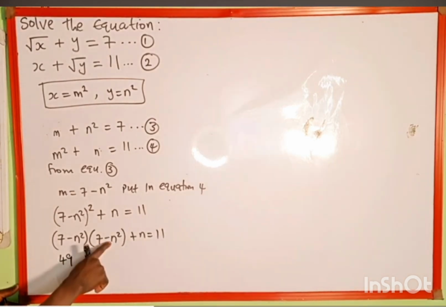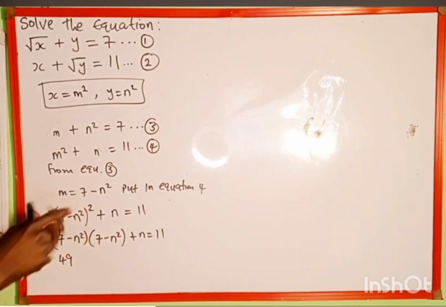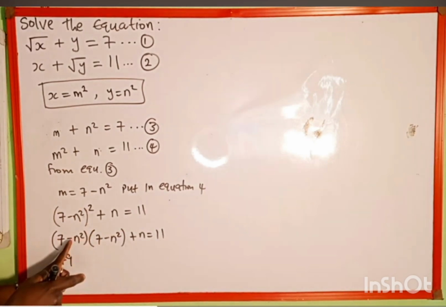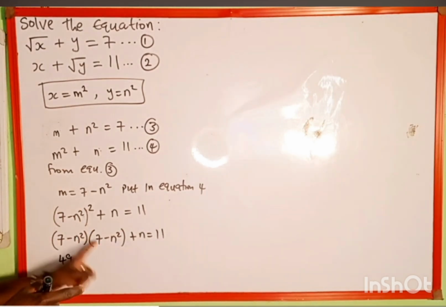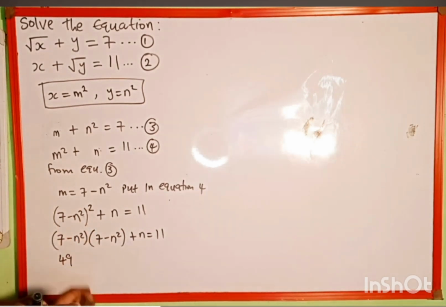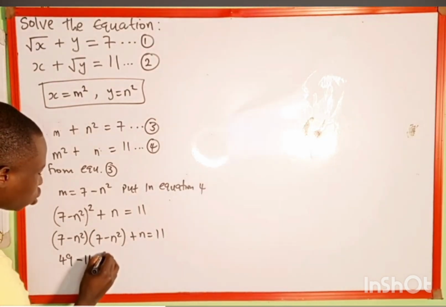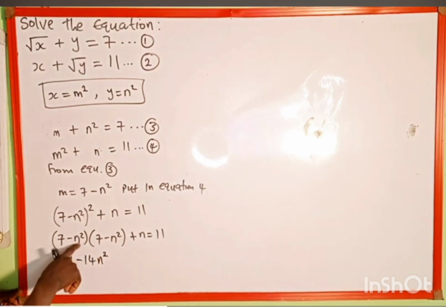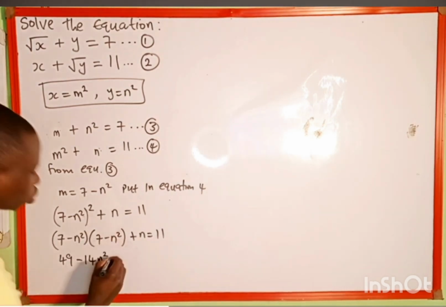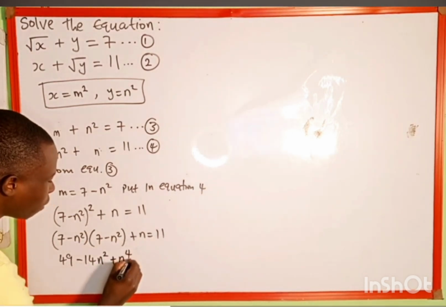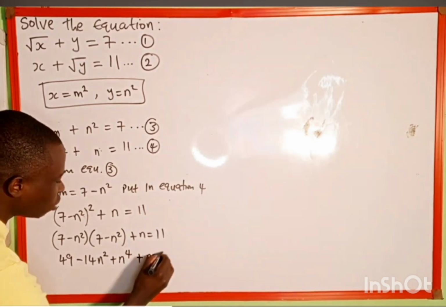Then 7 multiplied by negative n squared gives us negative 7n squared. Then negative n squared multiplied by 7 is negative 7n squared. So negative 7n squared and negative 7n squared give us negative 14n squared. Then negative n squared multiplied by negative n squared gives us positive n to power 4. Then plus n is equal to 11.